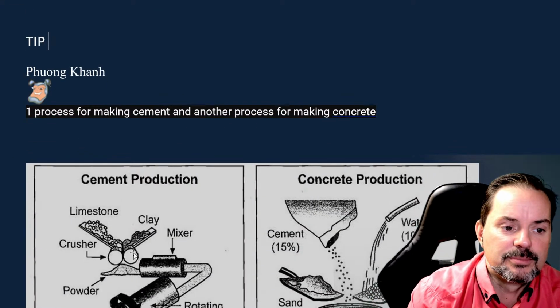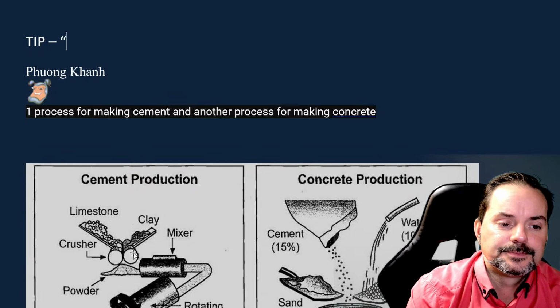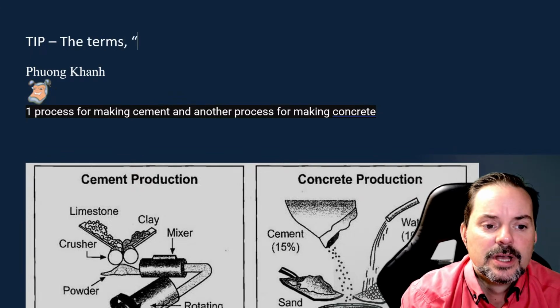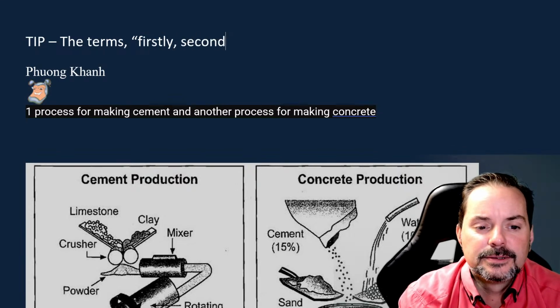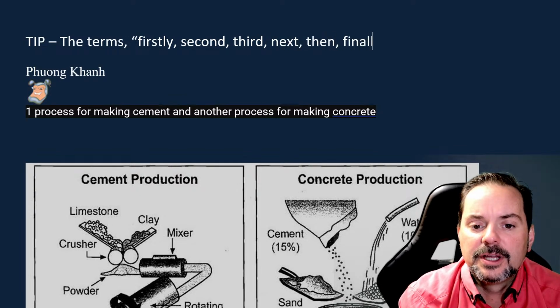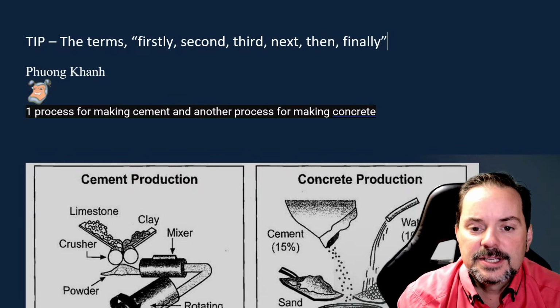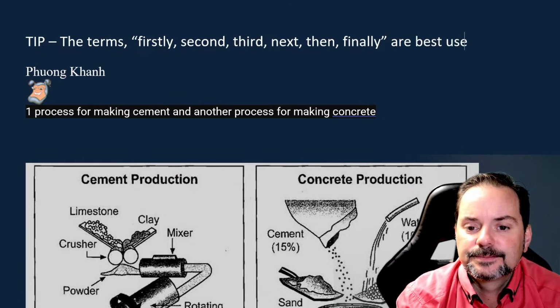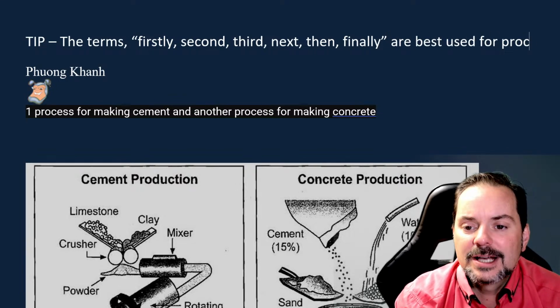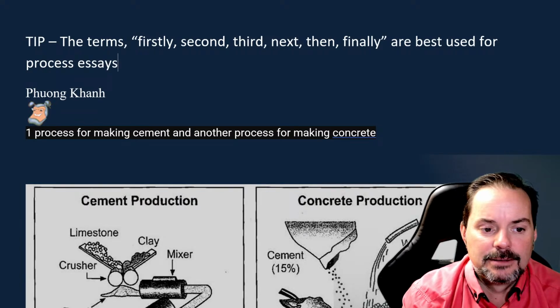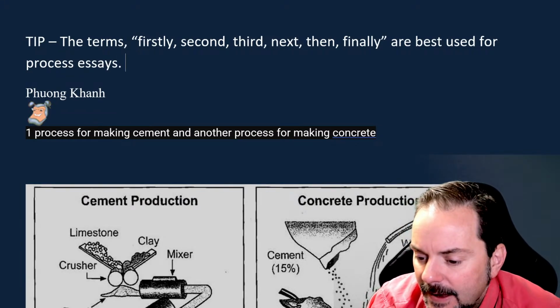Okay, so there's another important tip. The terms first or firstly, second, third, next, then, finally, are best used for process essays. Okay.